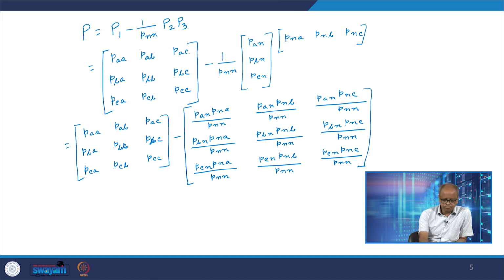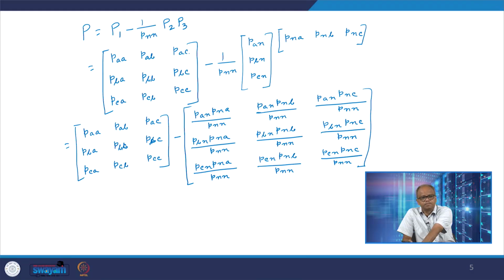So now you see that this is basically this matrix minus this matrix. So you see the overall matrix has now basically reduced. Earlier it was this one. Now this actual P matrix is this matrix minus this matrix.